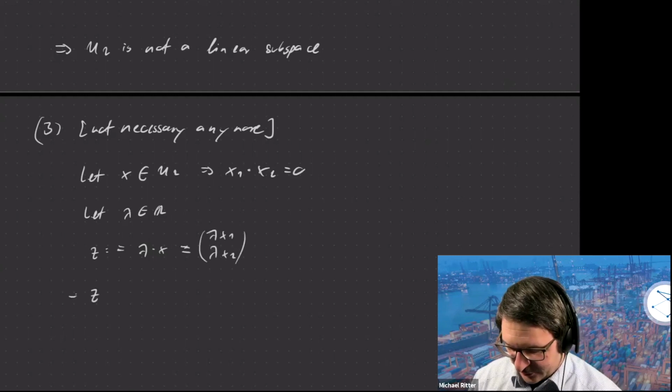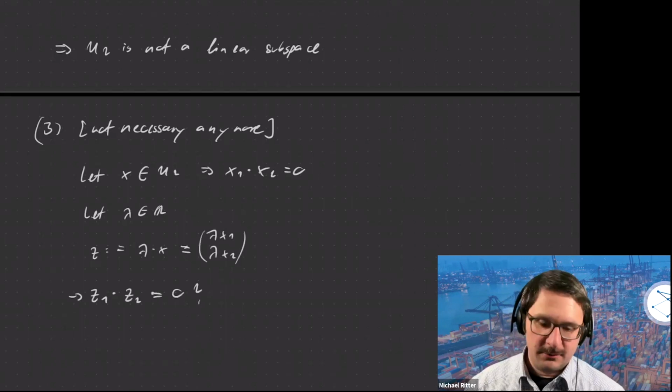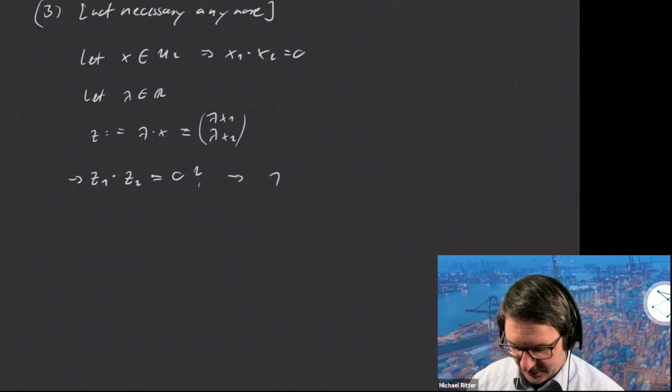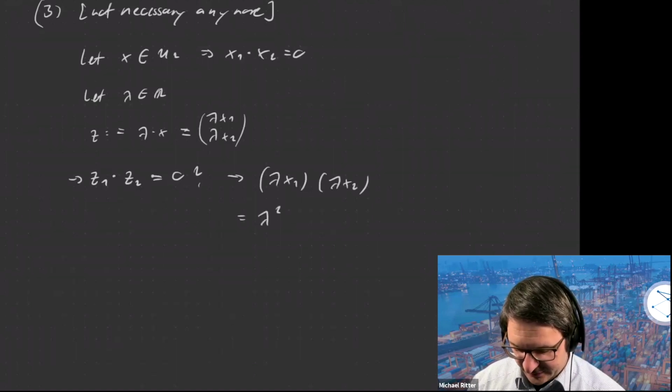And we need to check whether this product here is 0 or not. If we do this, well, the first column is just lambda X1, the second column is lambda X2. So what we get here is lambda squared X1 X2. And we know that X1 X2 is equal to 0.